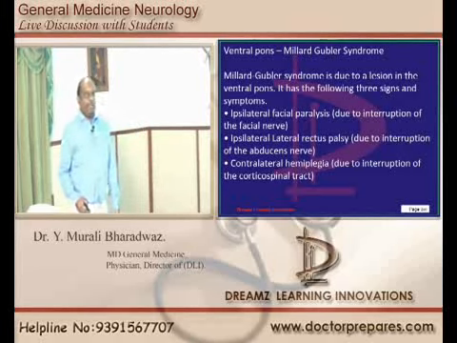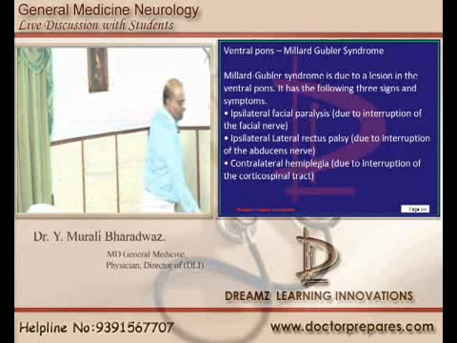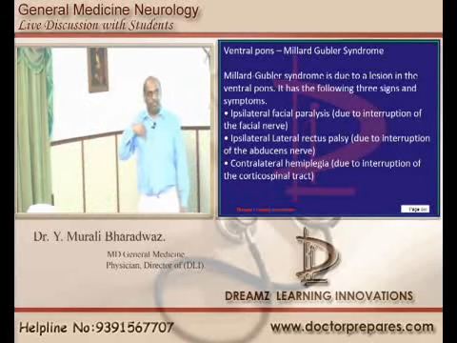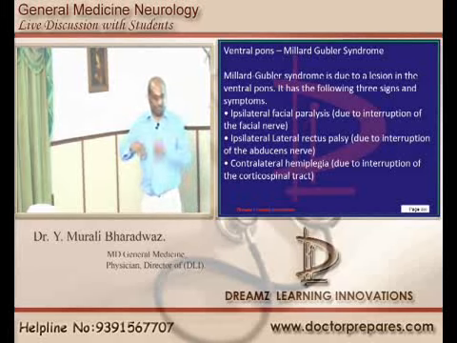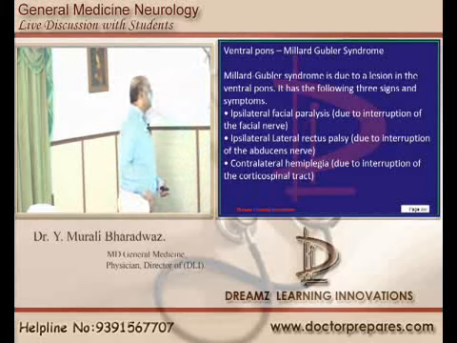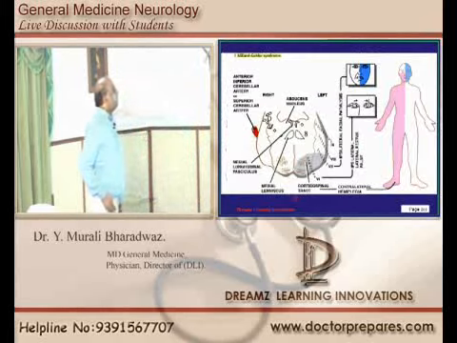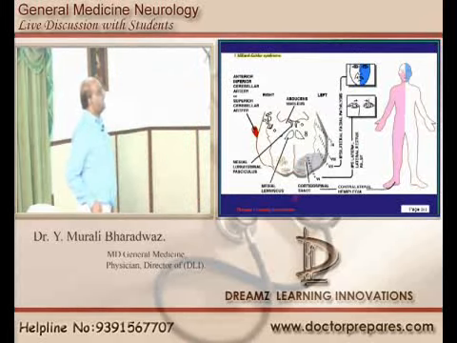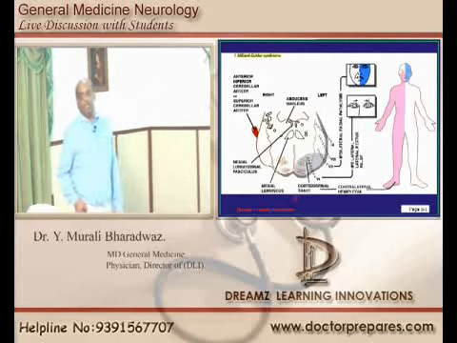And contralateral hemiplegia, why? Because it passes through the pons, but at the medulla level it goes to the opposite side. Hence if there is an interruption here, there will be hemiplegia on the opposite side. So this is how facial involvement and abducens involvement come along with the hemiplegia.